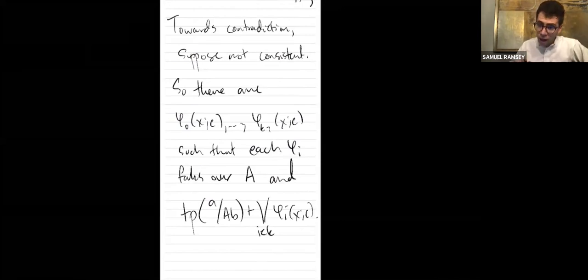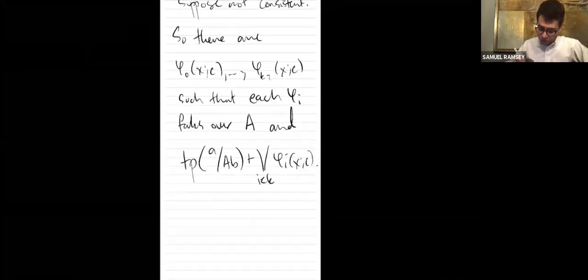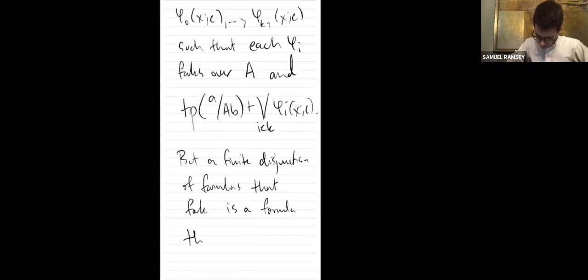Okay, but a finite disjunction of formulas that fork is a formula that forks. What does it mean for a formula to fork?